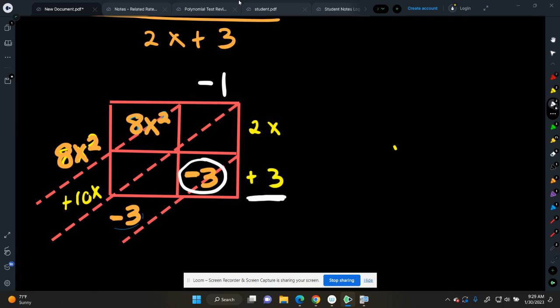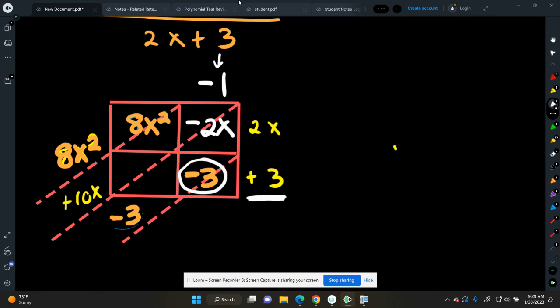Brooke, tell me what goes in this box here in the top right. How do we know that? Once I figure out what's in this position here, now I can figure out what's in that square. How about the 8x squared?